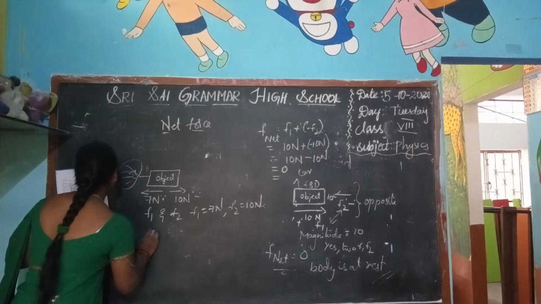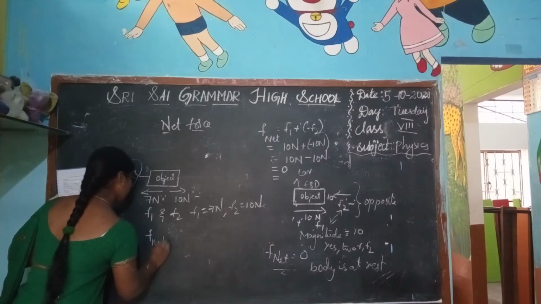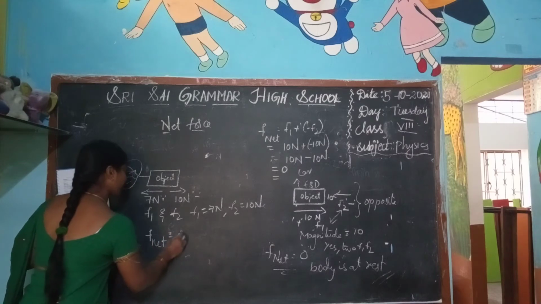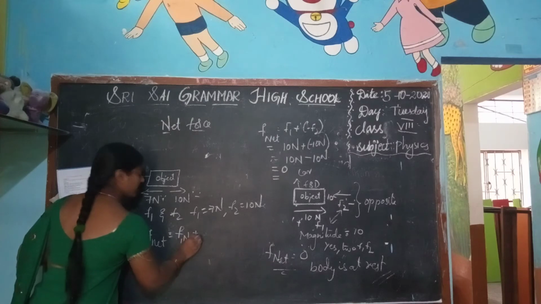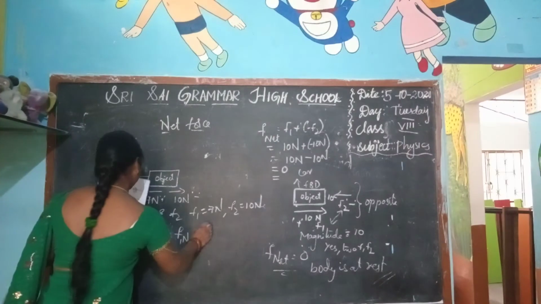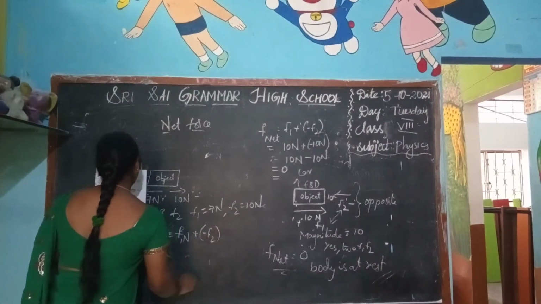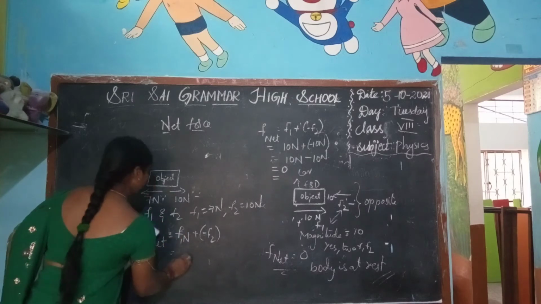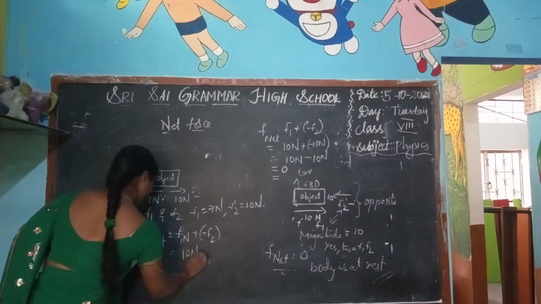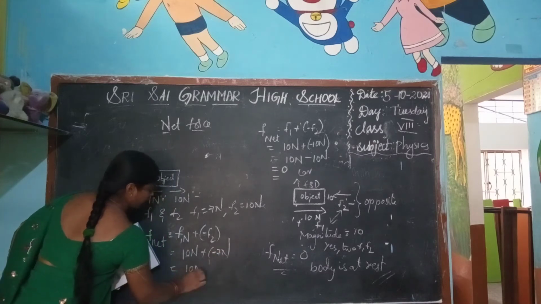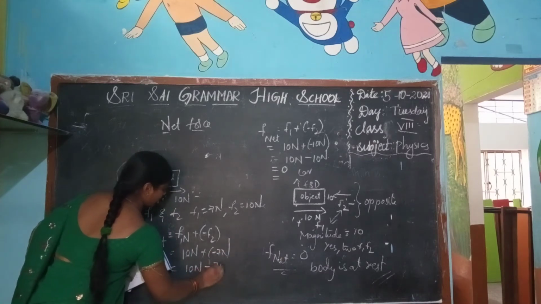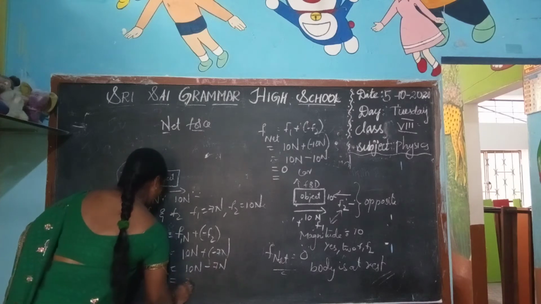Now see, by taking the formula F net equals F1 plus minus F2, that is 10 newtons plus into minus 7, which is 3 newtons.